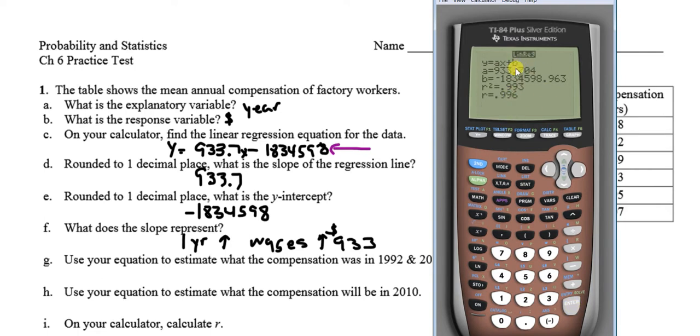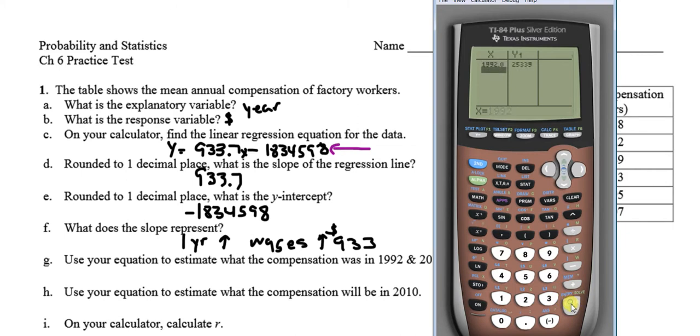So it gives me the same answer, and now I look at Y=, and I have that equation in my Y=. So I can just hit second and table. I can go into my table here and plug in an x, and it'll give me a y.